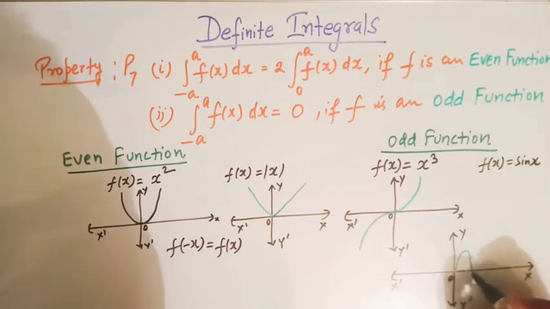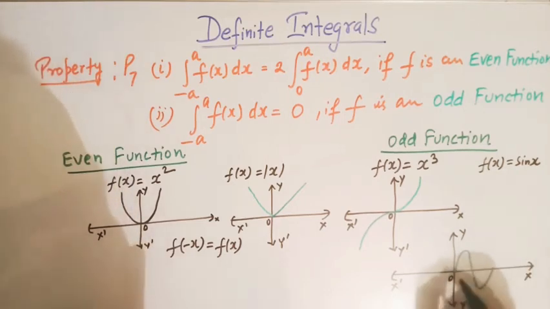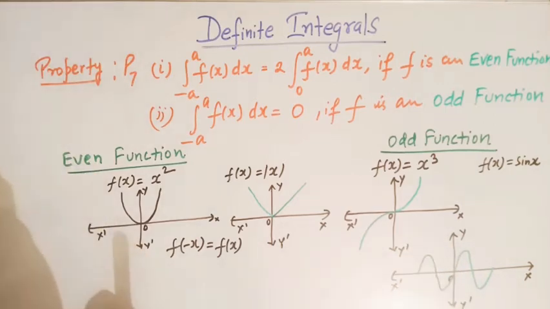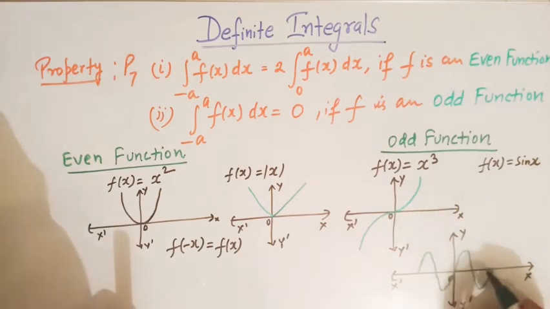See, this is the sine function, and here we have the graph like this. Clear? So here the graph looks like this.